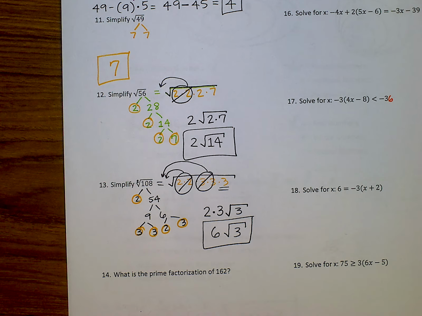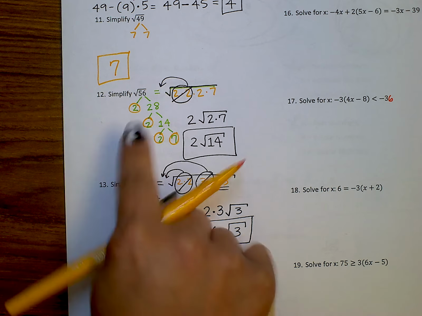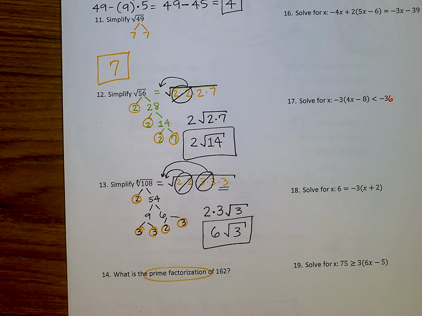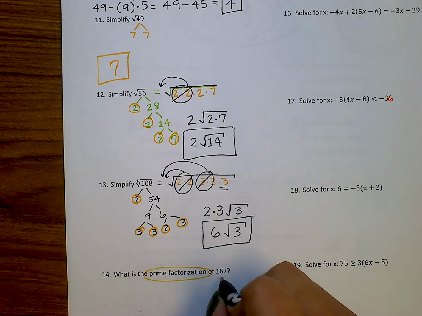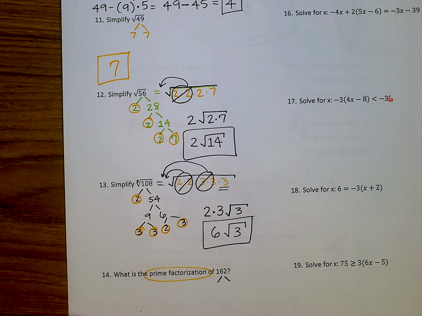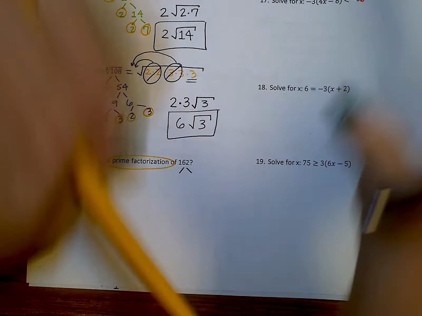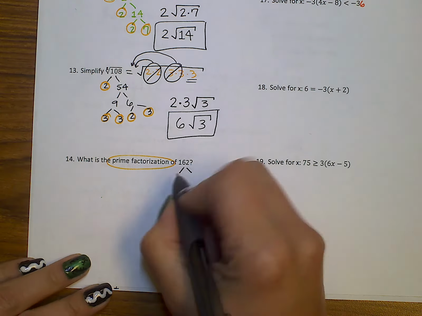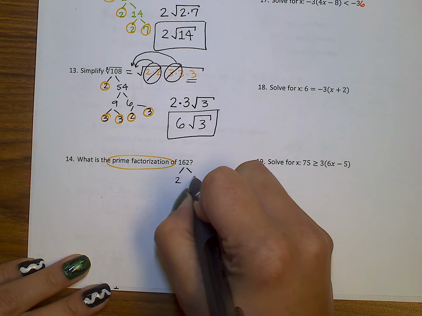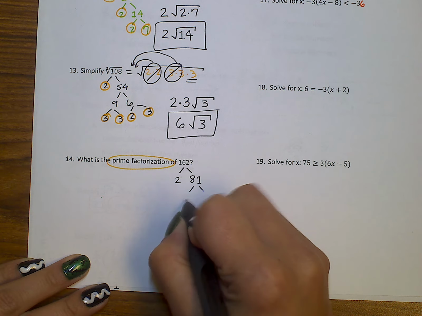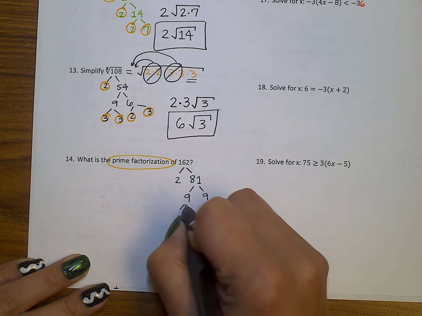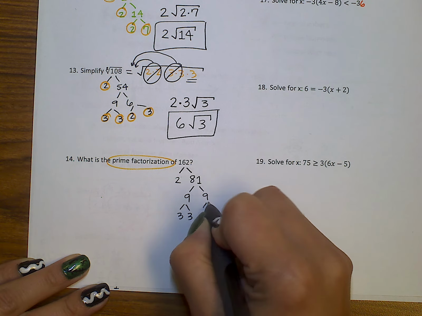All right, prime factorization. Literally what we've been doing on all of these. So let's factor this out into nothing but primes. So that would be 2 and 81, 9 and 9, 3s.